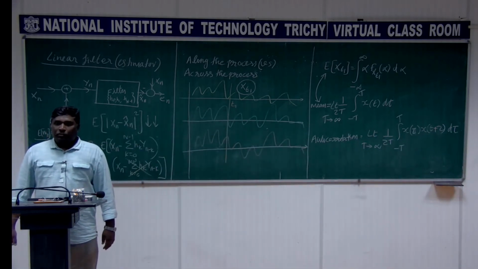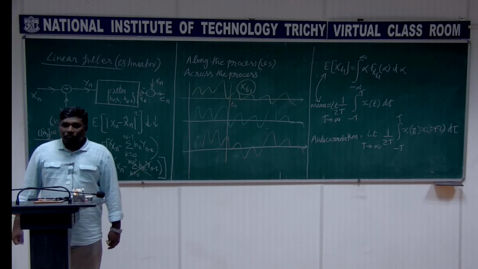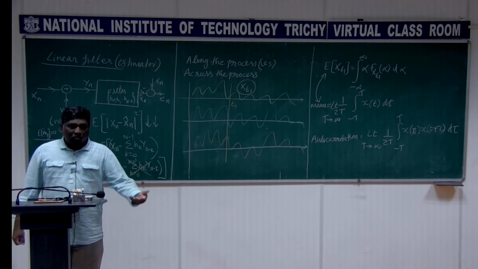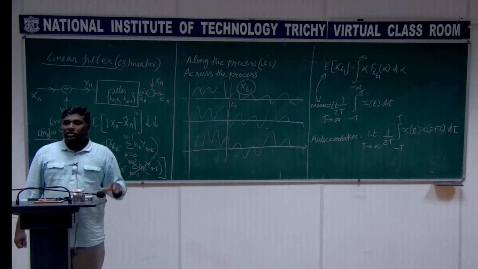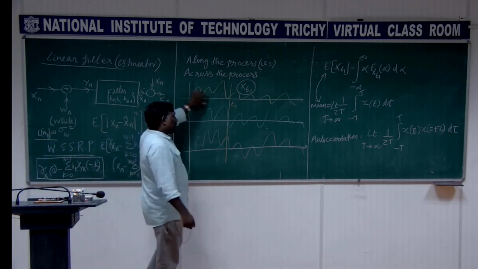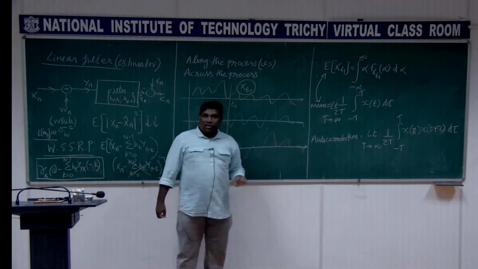Integral from minus T to plus T, 1 by 2T, limit T tends to infinity. This is actually the autocorrelation of the deterministic signal, how we normally compute for a deterministic signal. That's what I have given, right? You have taken only one outcome of the random process, and I compute the autocorrelation along the process.